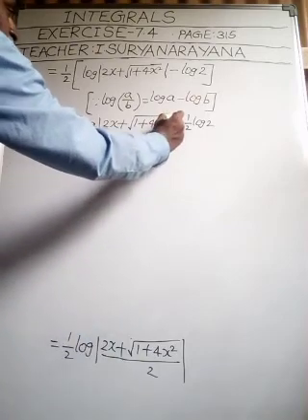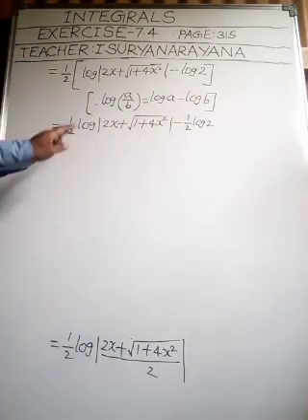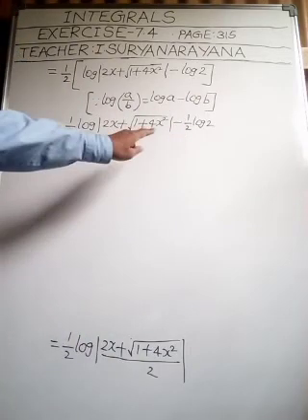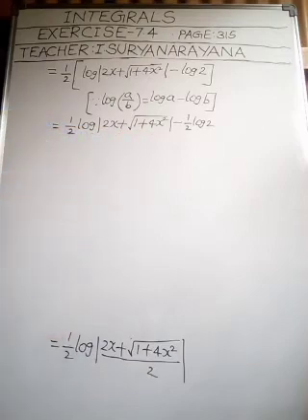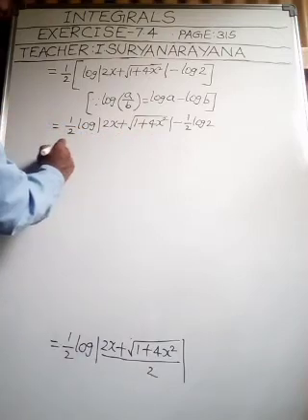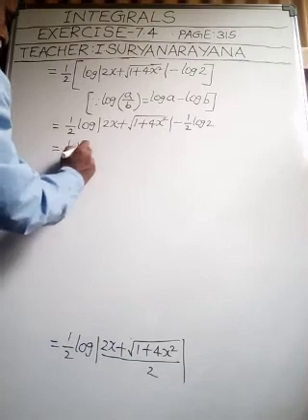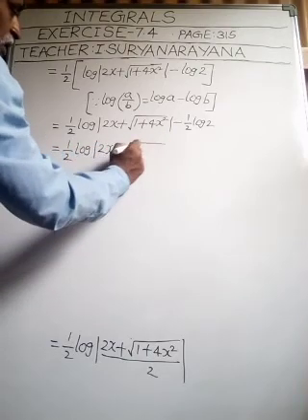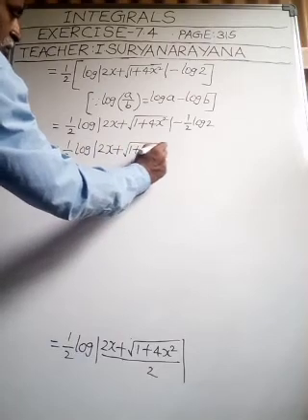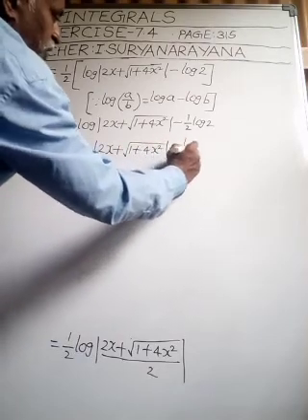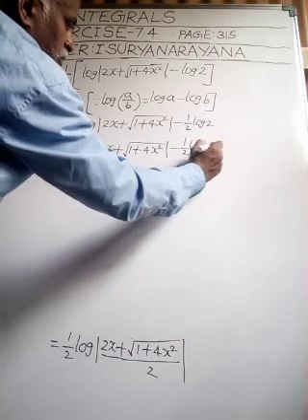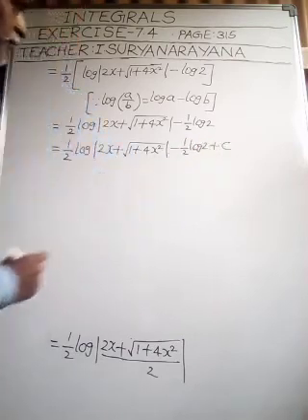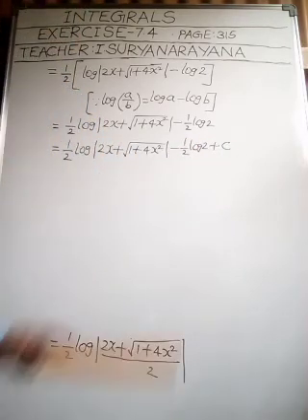Right. Now, this is the last step. We have to add the constant of integration. So, 1 by 2 log mod 2x plus square root of 1 plus 4x square minus 1 by 2 log 2 plus c. Understood this step, my children?